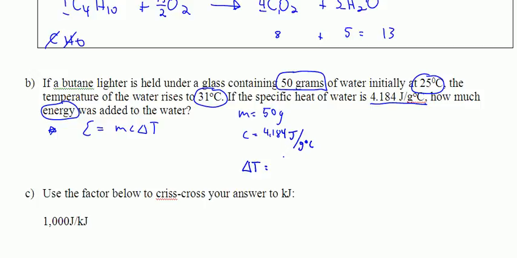It went from 25 to 31, so 31 degrees Celsius minus 25 degrees Celsius equals 6 degrees Celsius. I'm going to plug those into the equation. 50 grams multiplied by 4.184 joules per gram degrees Celsius multiplied by 6 degrees Celsius.